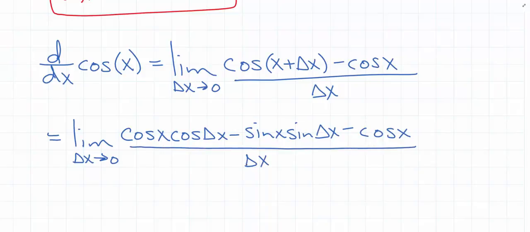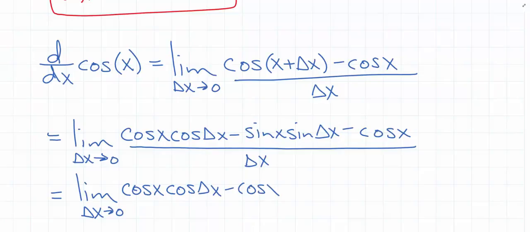There we go. And I think I can do exactly the same thing that I did before. I'll just put the last term with the first term and give it its own limit. So I've got the limit as delta x goes to 0 of cosine x cosine delta x minus cosine x, all over delta x.